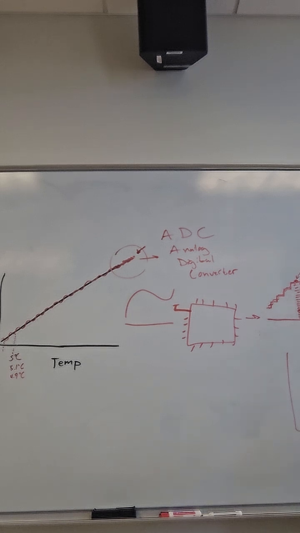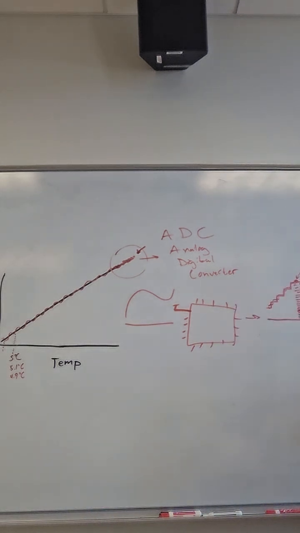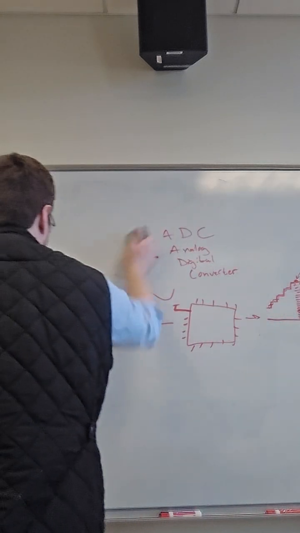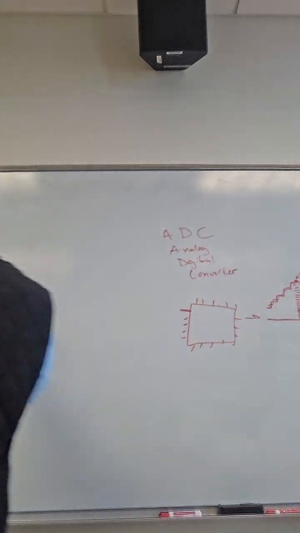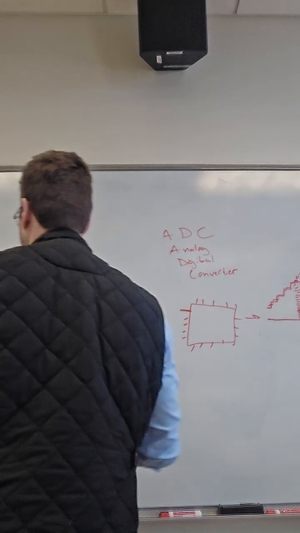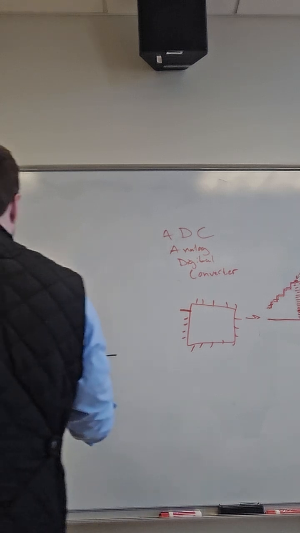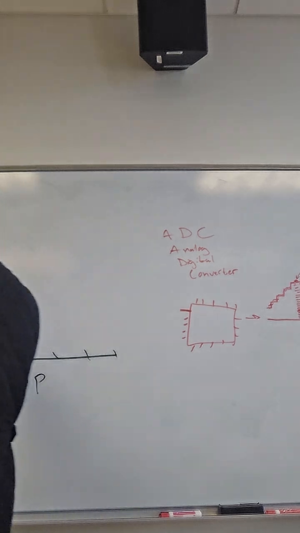Okay, last thing, I'm going to touch on this one more time, is the idea of a calibration. We haven't really gone over this in these exact terms, but I'm going to describe it as 1 and 2 point calibration. So what we're actually doing here when we calibrate our sensor, this is our temperature scale, and this is our voltage scale.